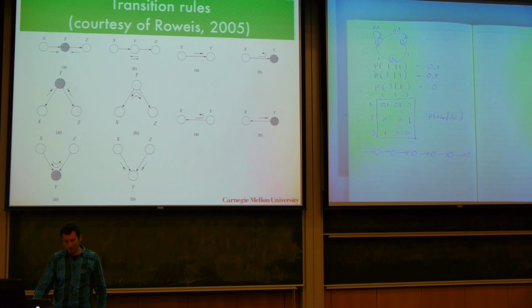If I have a chain, that's the top row, observing Y stops the dependence between X and Z. I just follow that chain along, and if I hit Y, then I stop. If, on the other hand, I don't observe Y, then the dependence goes through. That's what we had before for a chain.